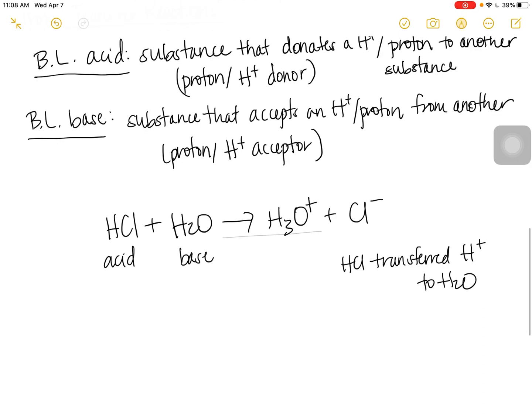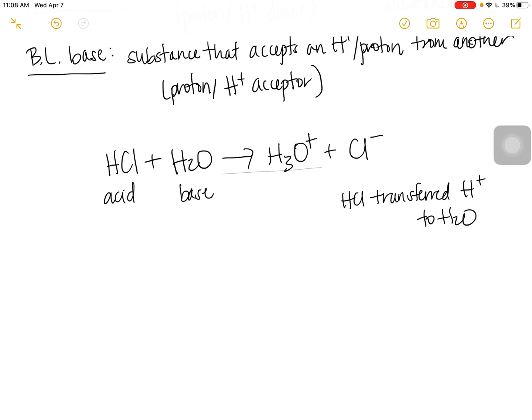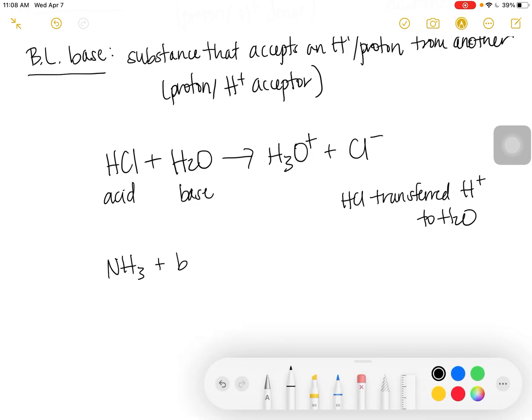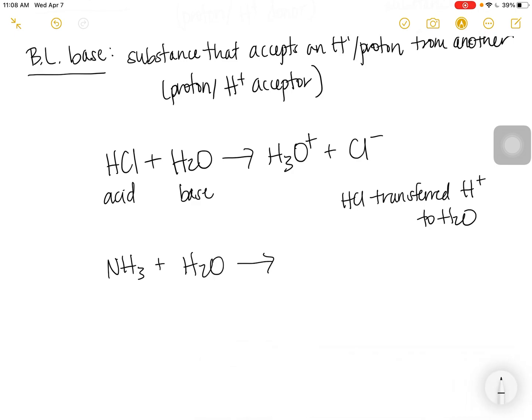So this is interesting because it's the first time we've referred to H2O being a base because it can accept a proton. But what's also interesting is it can also act as an acid. So if I have NH3 or ammonia reacting with water, these would be the products.